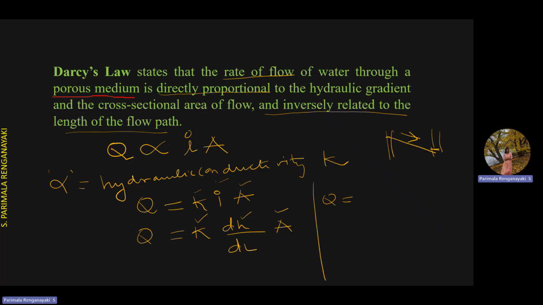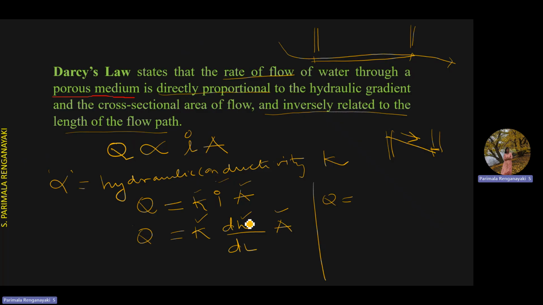In case the distance between the two wells, the length, is too large, because water has to pass all the way and then it has to discharge, in such a case the discharge will be less. So that is why the discharge is directly proportional to K, dH, A, and inversely, as the length increases, the discharge decreases.